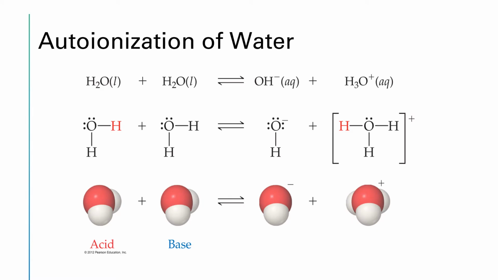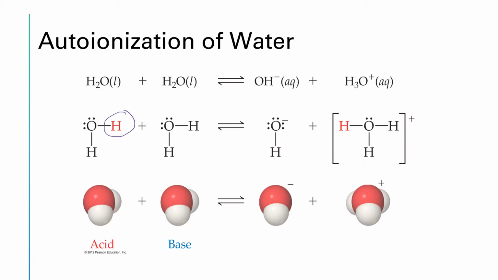This slide shows what happens to molecules of water in solution to a very, very tiny extent. A molecule of water will split apart to give us a hydrogen ion and hydroxide ion. So that's what's being shown here.